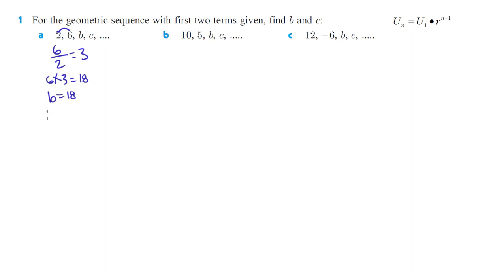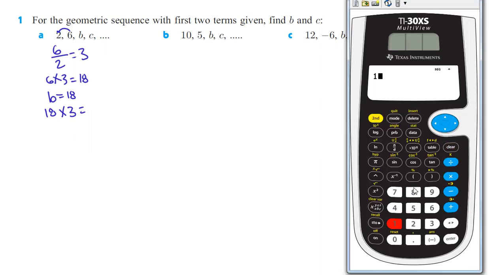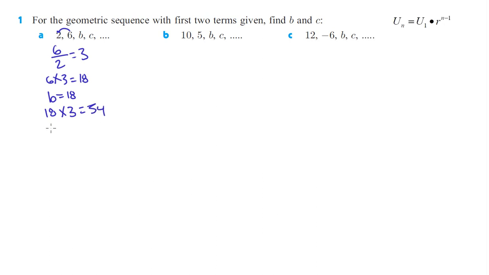And then for C, we go 18 times 3, and that gives us 54. So that's what C is going to equal. Okay? All right, for B, 5 divided by 10 is 0.5, or a half.